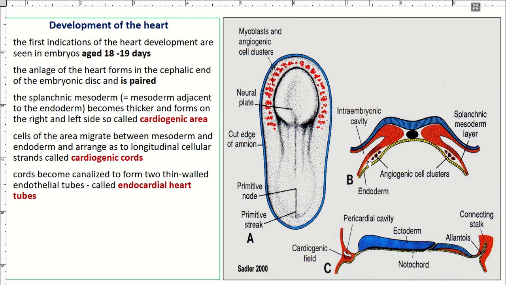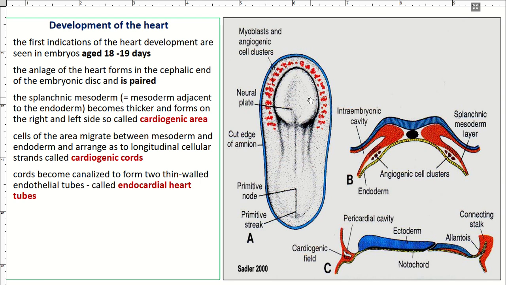This is going to be your cardiogenic area. Cells of the area migrate between the mesoderm and endoderm and arrange as two longitudinal cellular strands called cardiogenic cords. They form a tube of cells, and you can see that it is horseshoe shaped, right?